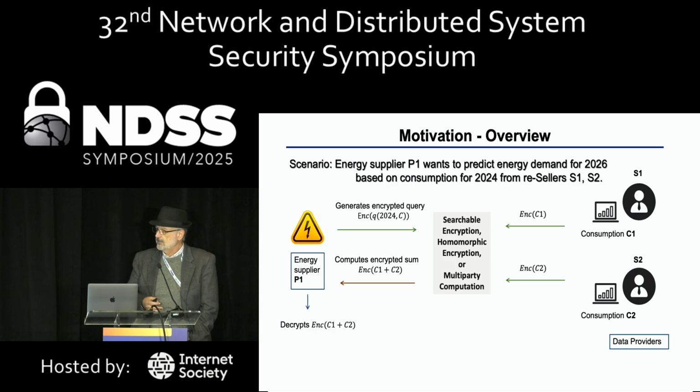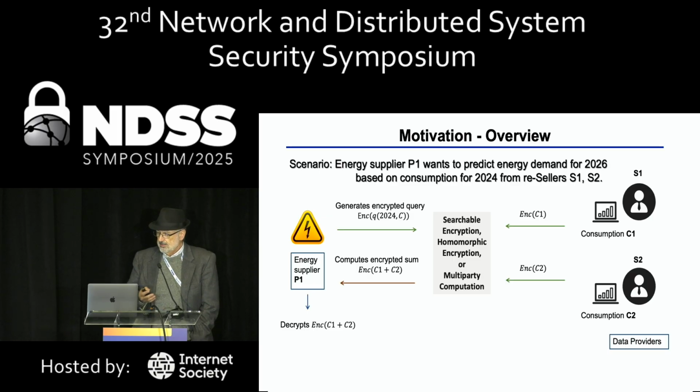They have their consumption data, for example, how much energy they sold last year, or in the past years. And there is an energy supplier, P1, that is interested in getting some of these data.